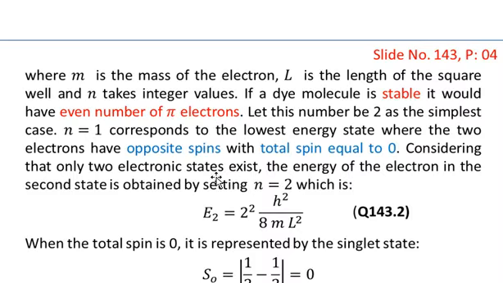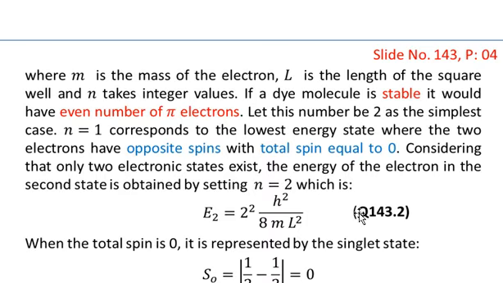Considering that only two electronic states exist, the energy of the electron in the second state is obtained by setting n is equal to 2. So in the previous equation, that is in equation number 1, if you put n is equal to 2, then you will get the energy corresponding to the electronic states in the second state.